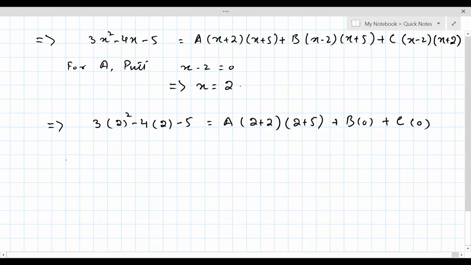This means 3 times 4 minus 8 minus 5 is equal to a into 4 into 10.